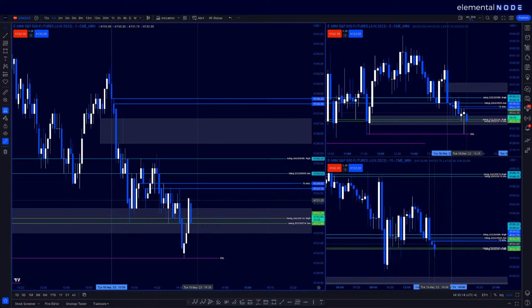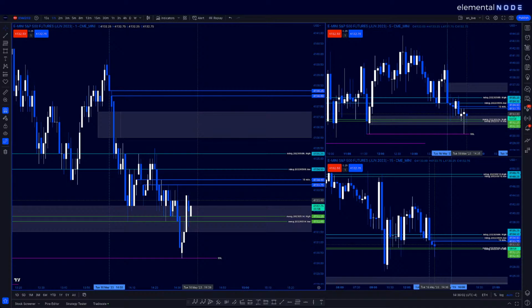Resistance turn to support maybe. I think this would almost be a good narrative for a long.